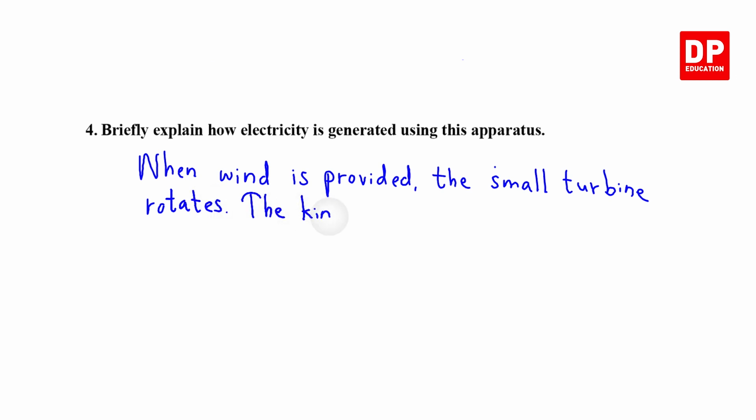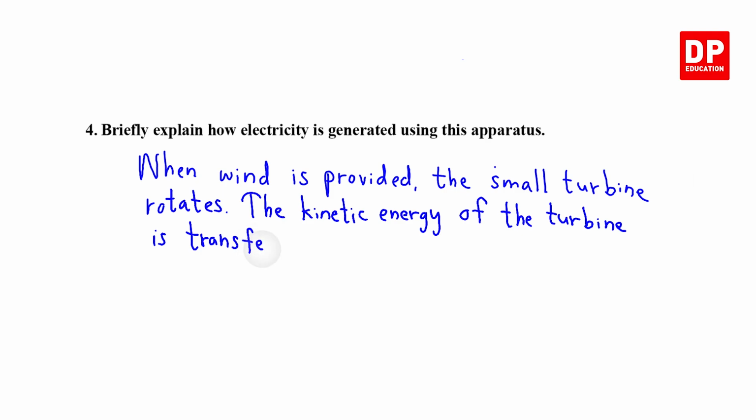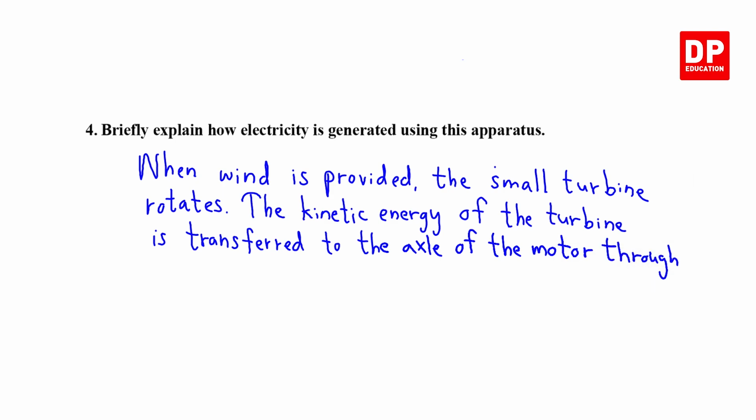The kinetic energy of the turbine is transferred to the axle of the motor through the movable belt.